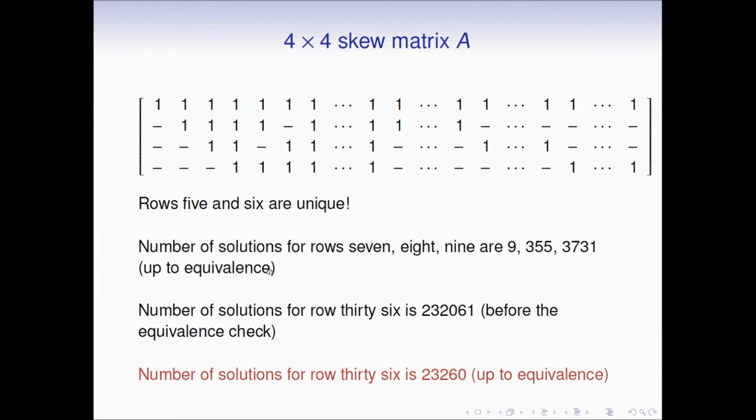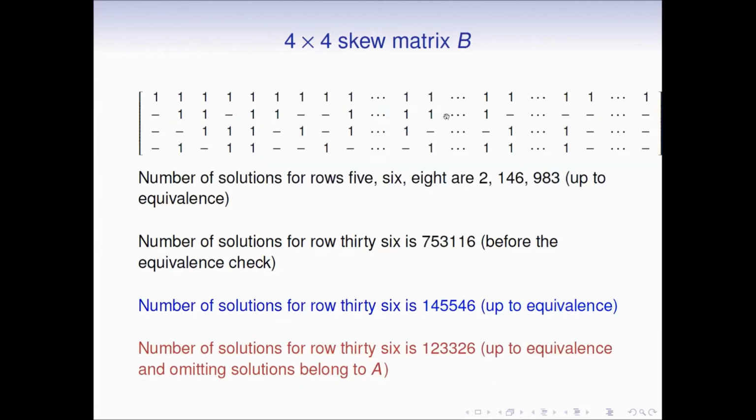And we extend this number of solutions, 3,751 solutions, to the full Skew-Hadamard matrix. And in row 36, we find about 200,000 solutions. This is because of equivalence check. And after equivalence check, we find about 23,260 Skew-Hadamard matrices up to equivalence.